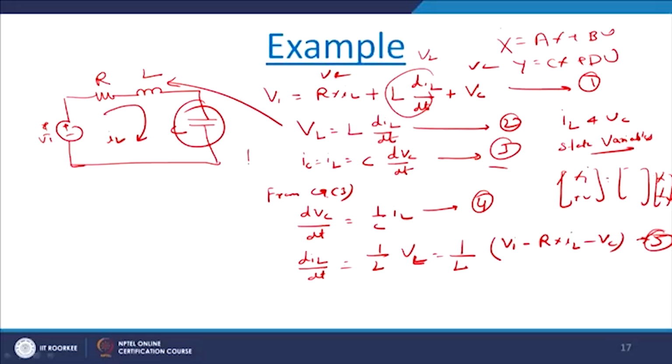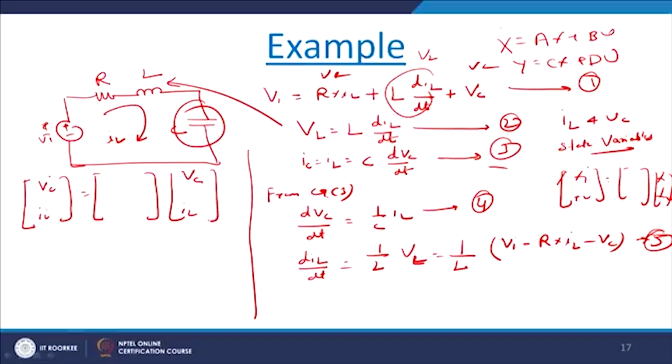Now what we want is a state space model. So we write this as VC dot, this is dVC by dt, and here IL dot, and now this is VC and IL, that is x dot equals Ax.